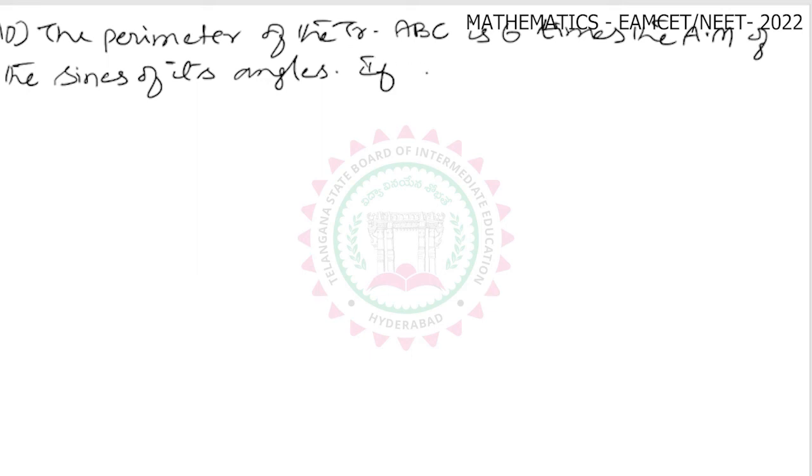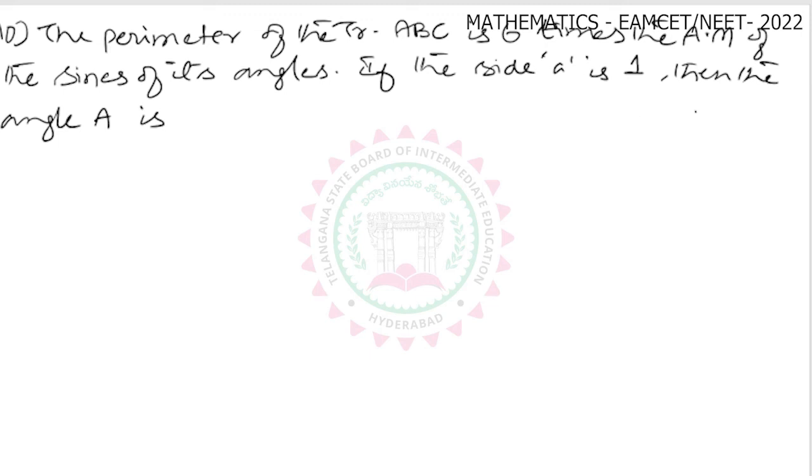If the side small a is unity, 1, then the angle capital A is, options are pi by 6, pi by 3, pi by 2, and the last option is pi.